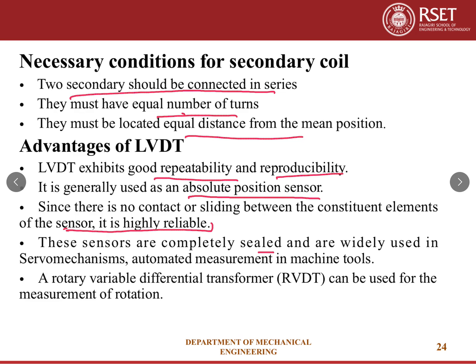These sensors are commonly sealed and are widely used in servo mechanisms, automated measurement and machine tools. And rotary variable differential transformers (RVDT) can be used for measurement of rotation.